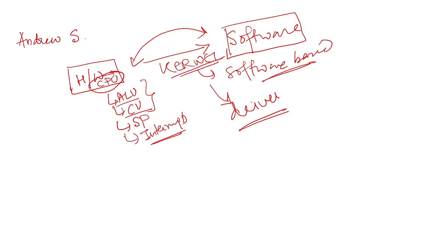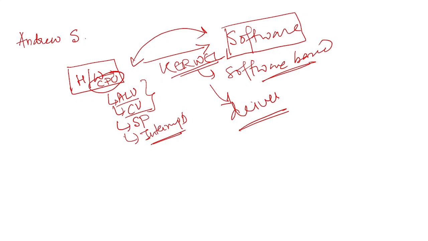Because at that time Unix was closed source, meaning the source code was not openly available in repositories, and it was commercial. Andrew S. Tanenbaum was a Dutch professor, and he developed this OS so that he could show his students how an OS works. That's why he created Minix.